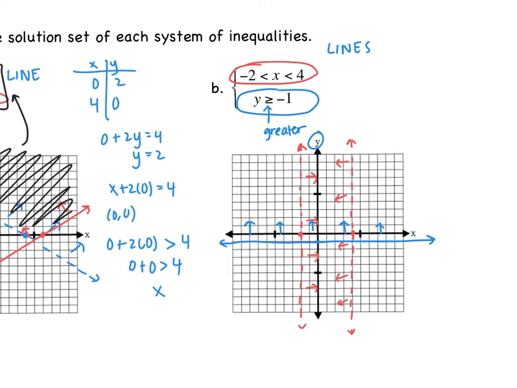So then again, ultimately all we care about is where both of those shadings intersect, both the blue and red, which would be right here. So all of those ordered pairs are the only ordered pairs that satisfy both inequalities at the same time.